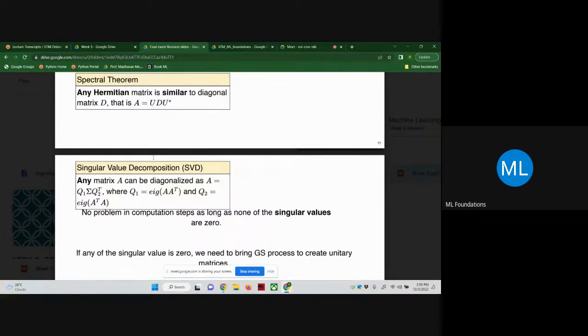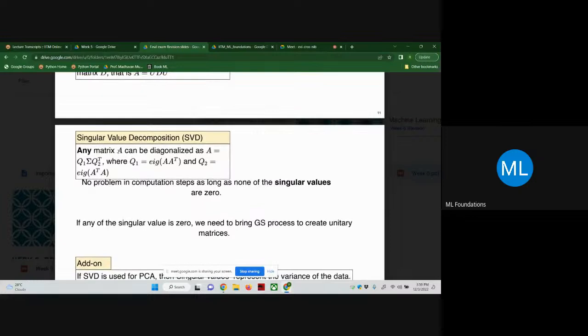Any matrix A can be diagonalized as A equals Q1 sigma Q2 transpose, where Q1 contains the eigenvectors of A A transpose, and Q2 contains the eigenvectors of A transpose A.